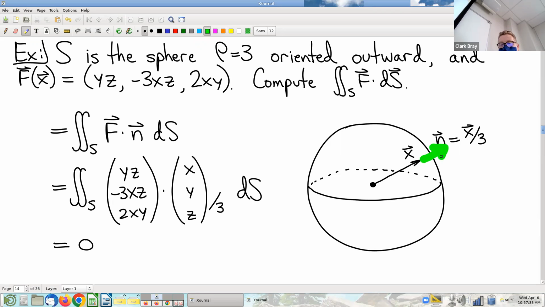Let's say it this way. If this were the surface of the Earth, up is always a multiple of the direction from the center of the Earth. The center of the Earth is always straight down. This is a unique property of spheres, right?